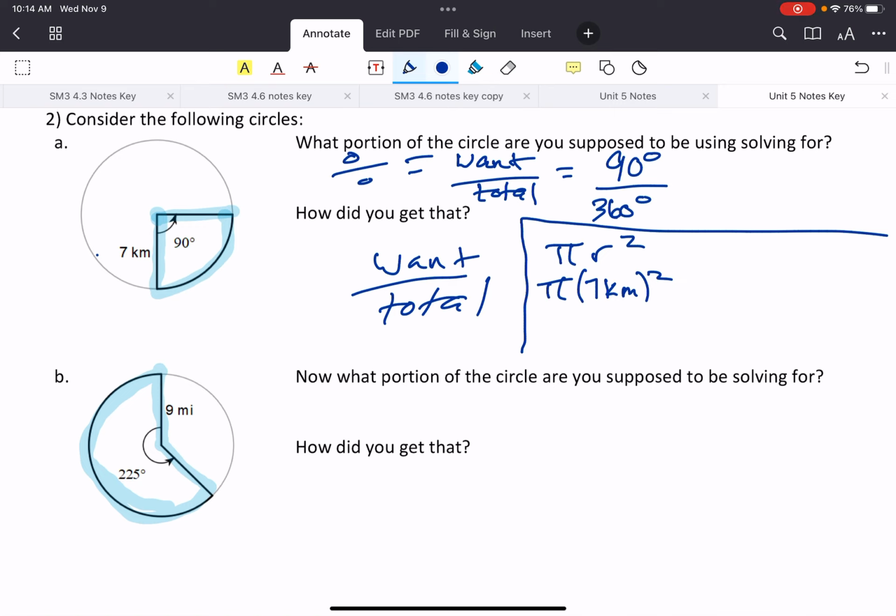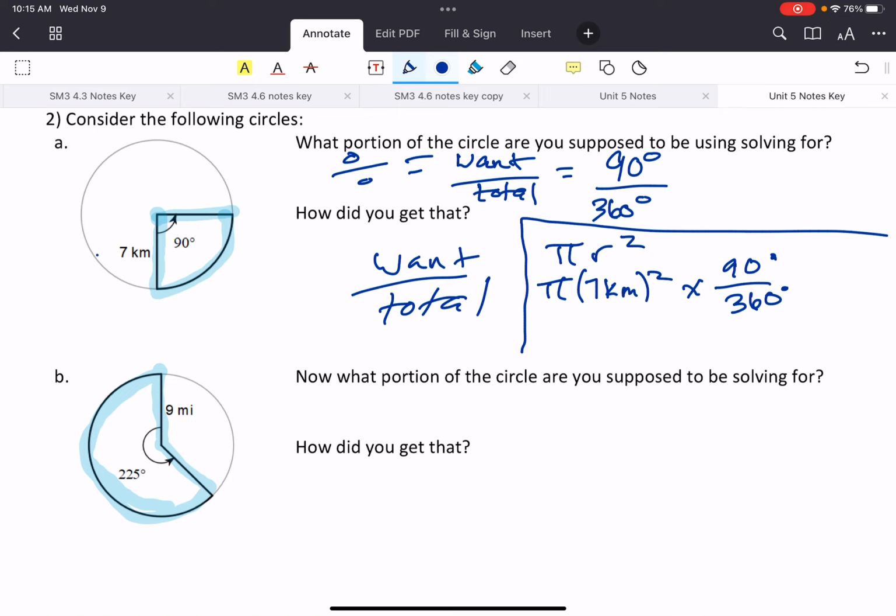And just like we did before with finding the percentage of the area, we multiplied it by the percent that we want. 90 over 360 degrees.